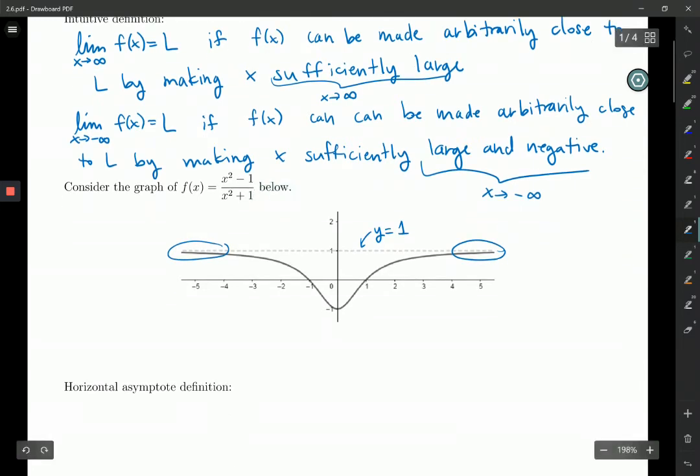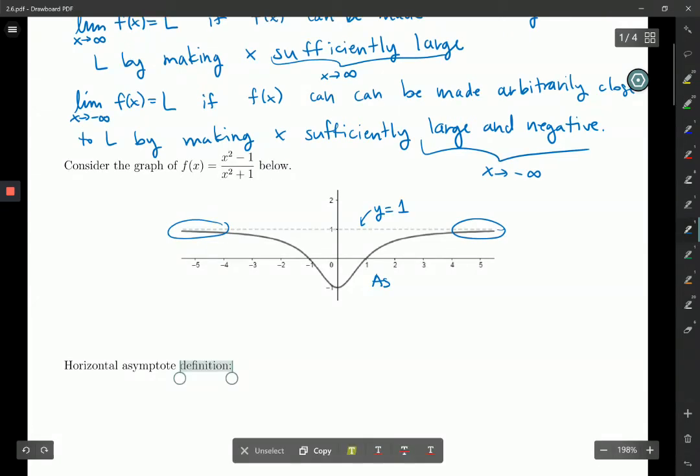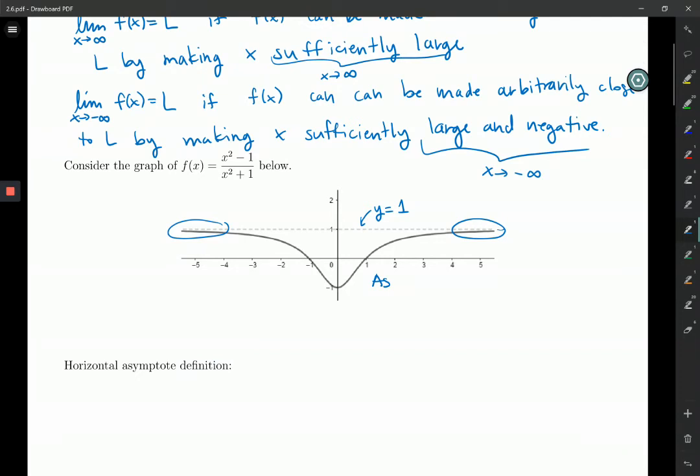Okay, so I'm going to write this out just so we can see the connection between the definition and the limit. So as x goes to infinity, I'll just write the symbol. And another way you can think about this is to say that x increases without bound.